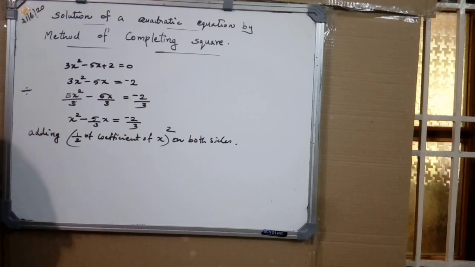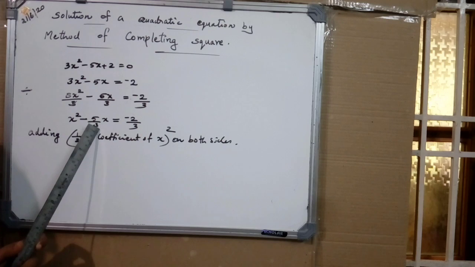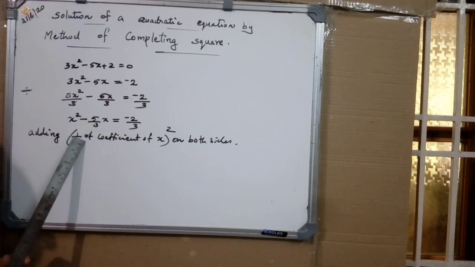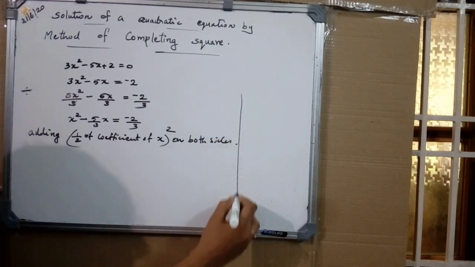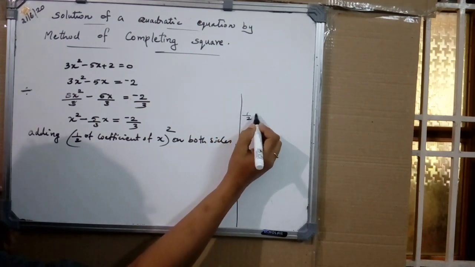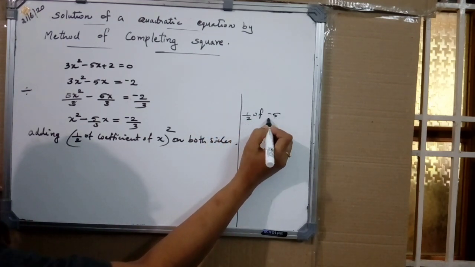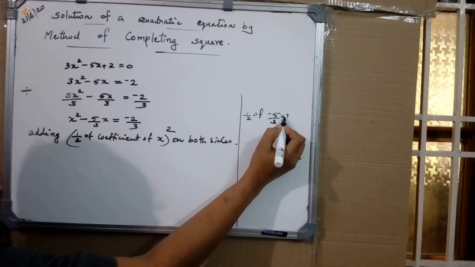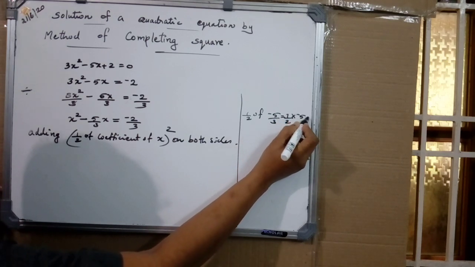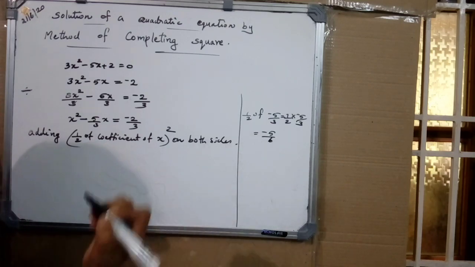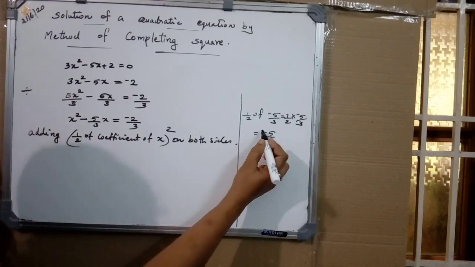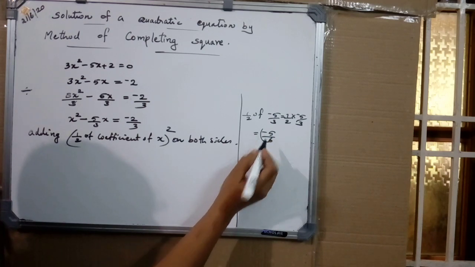What is the coefficient of x here? That is minus 5 by 3. Take half of that. Half of minus 5 by 3 means half into minus 5 by 3. That is minus 5 by 6. Take the square of that.